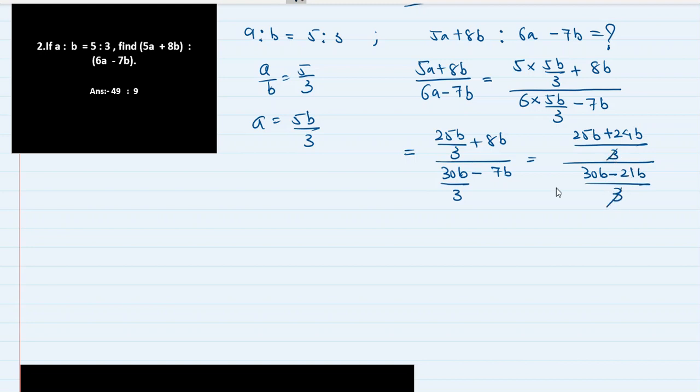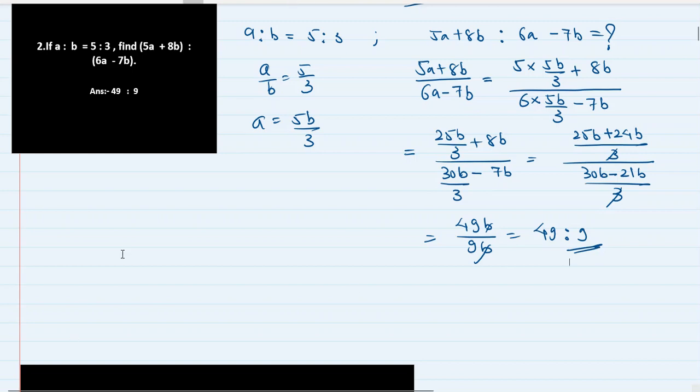Okay, so 3 will cut, and 25B plus 24B is 49B, and 30B minus 21B will be 9B. B will cut, and 49 is to 9 is the value of our unknown ratio. That's the answer. Very simple.